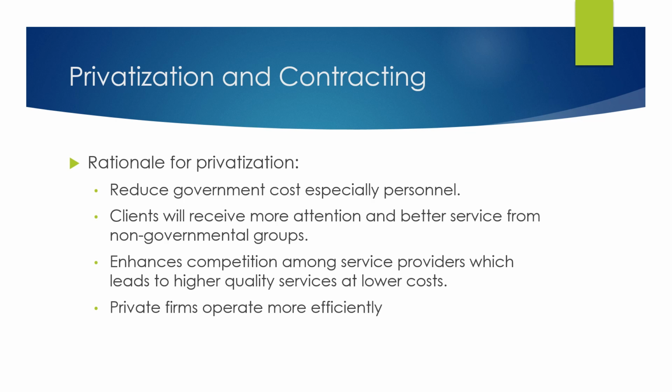But also working with the private sector, private firms are usually seen as more efficient in delivering some of the services, and so they are likely to provide better and more efficient services to citizens, especially for the types of services that charge a fee.